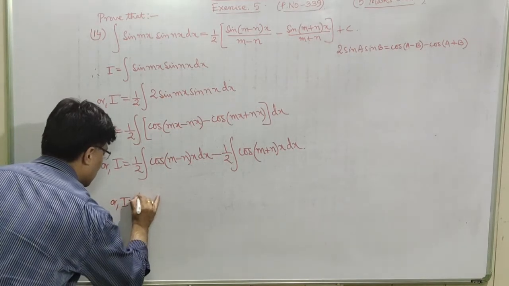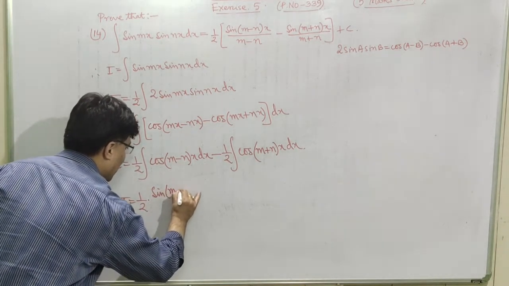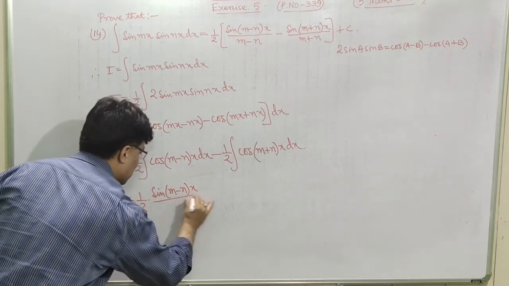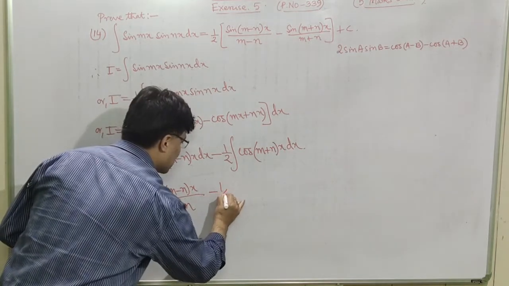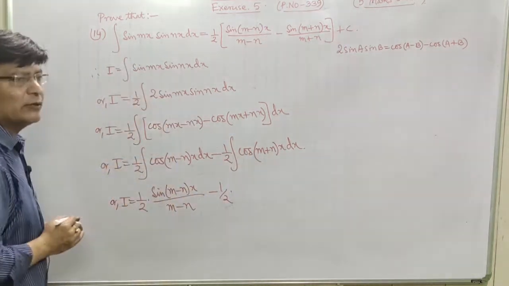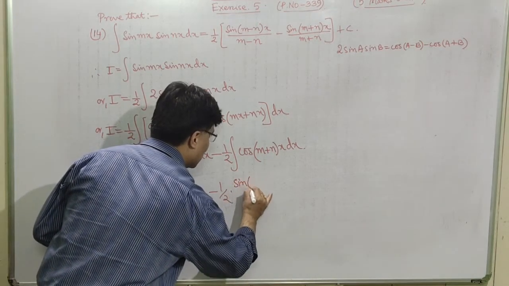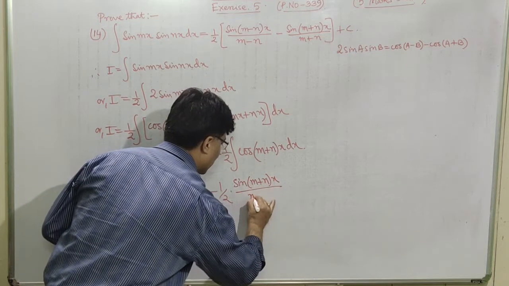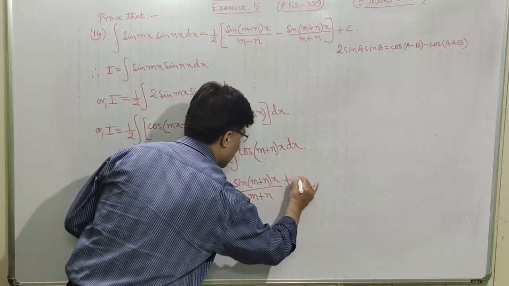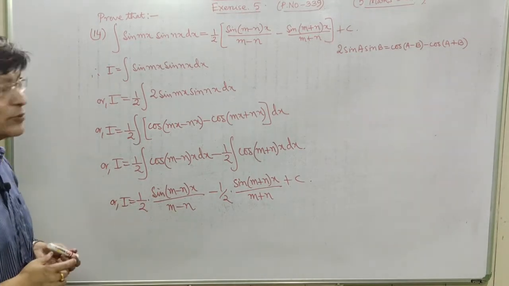So I is equal to half into sin (m minus n) into x divided by (m minus n), minus half into, here also similarly you can use the formula of cos mx dx, sin of (m plus n) into x divided by (m plus n). Then plus c. I think you have understood it.